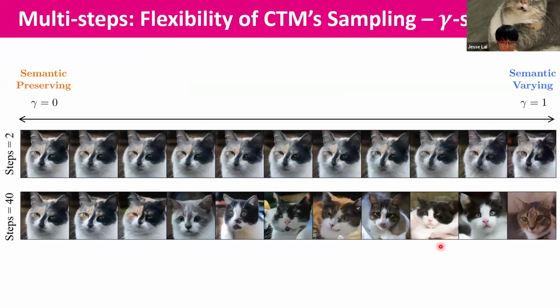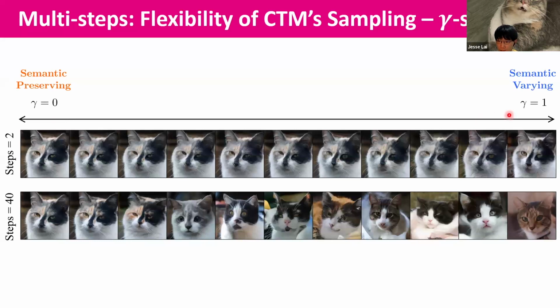Depending on your needs, you can choose gamma at your preference. So at one extreme for CTM, we can preserve the semantic meaning. Like you can see, when we increase the sampling steps, the cat generations remain the same.